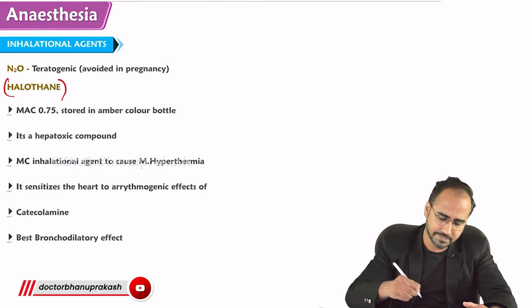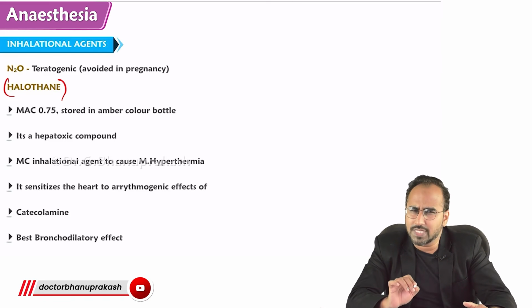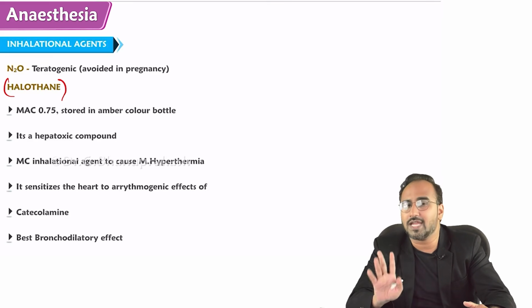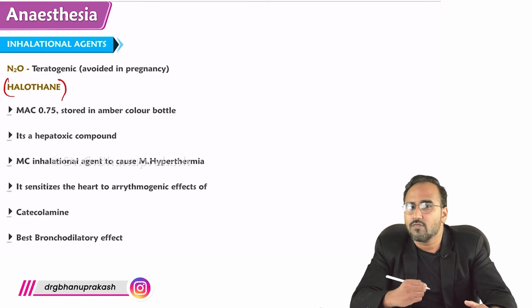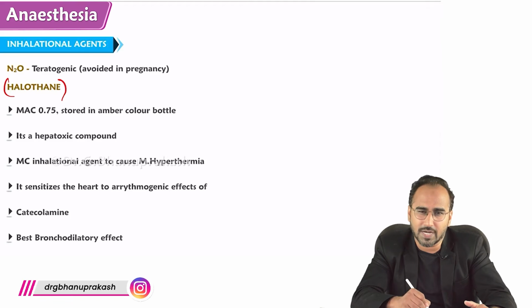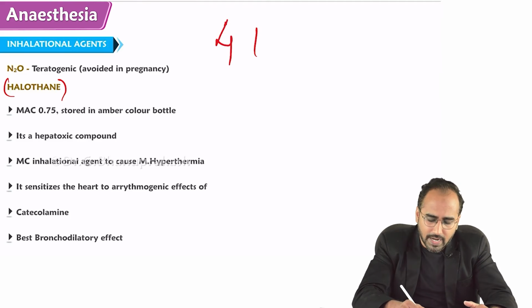Now guys, look over here. In the inhalational agents, the two things which are very, very important are the summary of inhalational agents and, second, halothane. If halothane is being asked, what do you need to remember? The immediate answer should be the 4 H's of halothane.